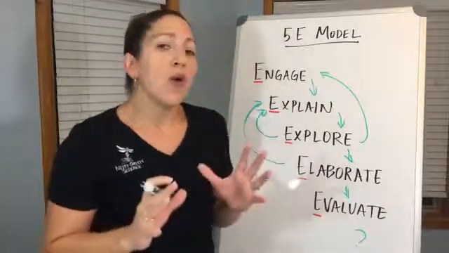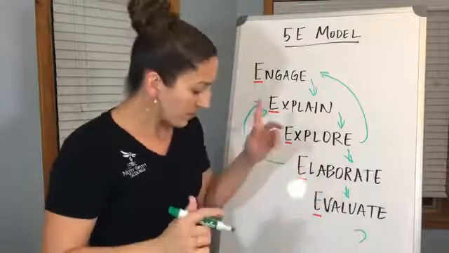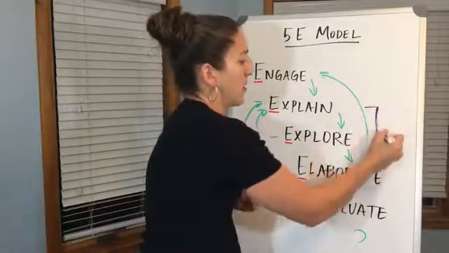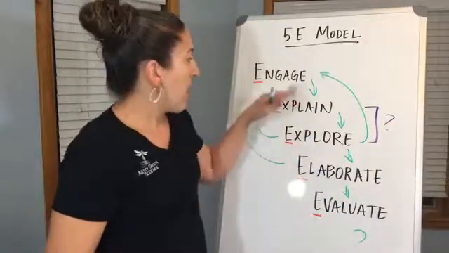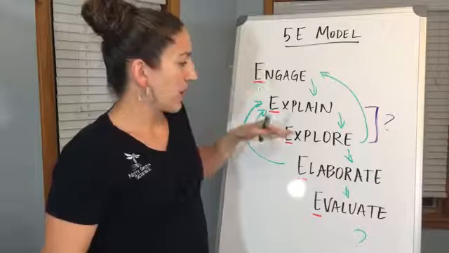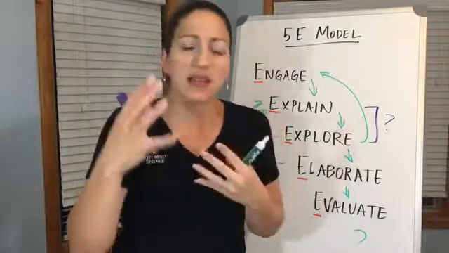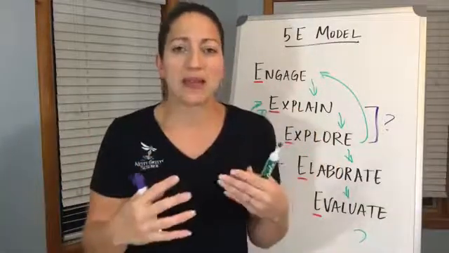Fantastic. So, what some people say is, okay, I'm doing the 5E model, and this is a big question: which one do I do first? Some people say, hey, we're going to engage the student and then come back and explore before I explain, because they want the kids to get excited. They want them to delve right into the topic and do some hands-on things.